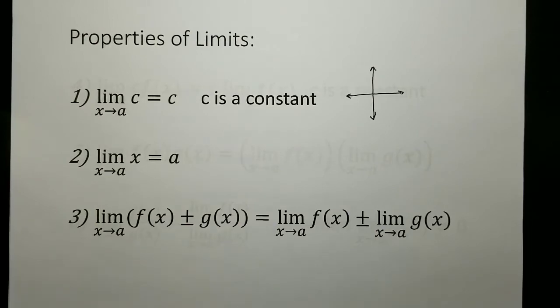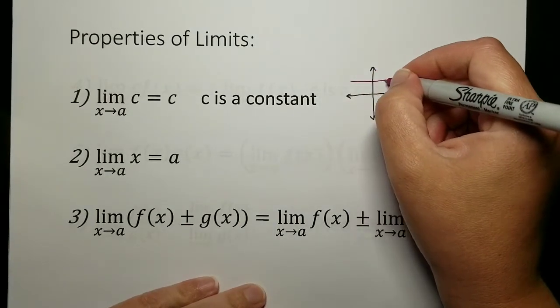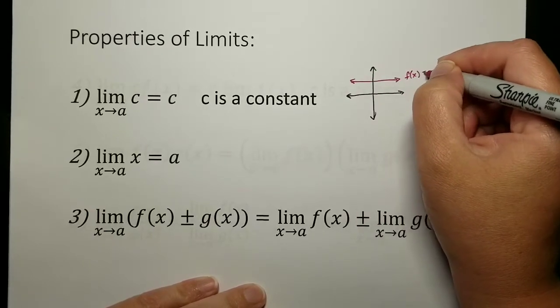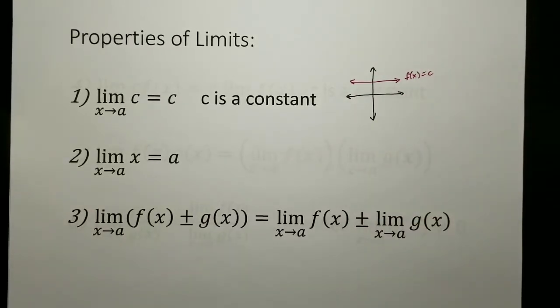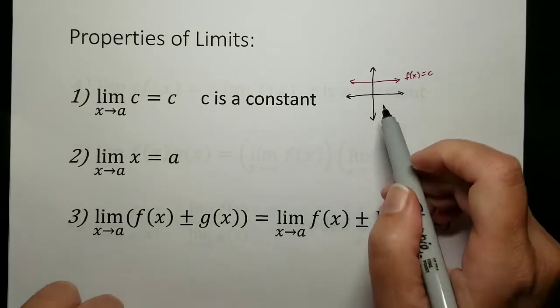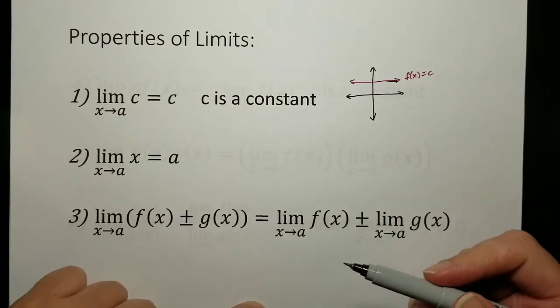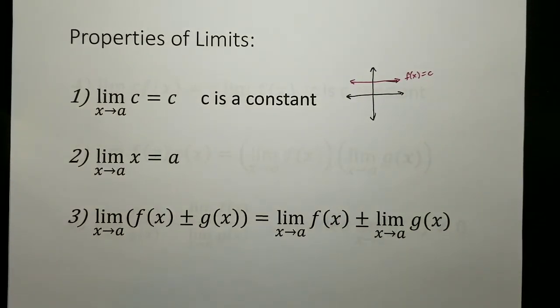So if you have a function like f of x equals c, or y equals 3, then it doesn't matter what your x value is approaching, the y value all along that constant function will just be the value of that function. So the limit as x approaches any number of a constant is just that constant.